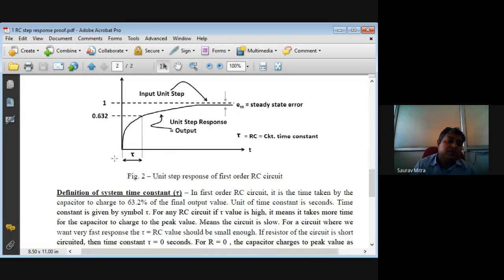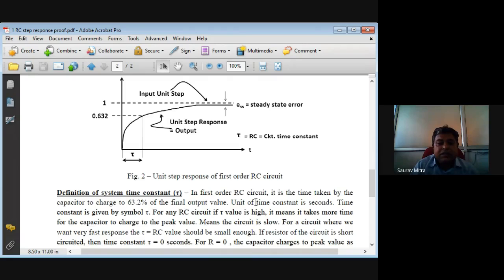So the definition of tau is the time taken by the capacitor to reach 0.632 volt, and that is called the time constant, or tau. 0.632 volt is the amplitude, and the time taken to reach that is given on the x-axis. This is the time in which the output response reaches 63.2% of the input. So the time constant is given on the x-axis.